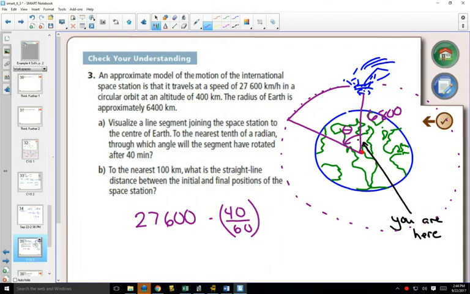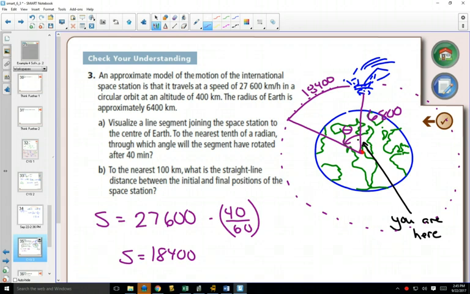I'm going to call this S equals, because that's our arc length, 18,400. So this distance along here is 18,400 kilometers. All of our units are in kilometers. So this is our information that we have so far.